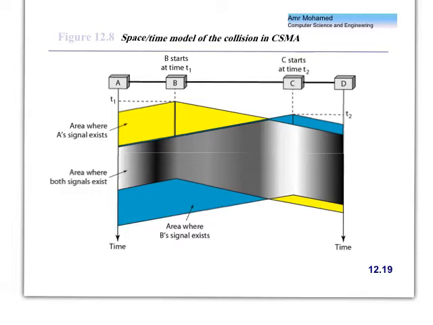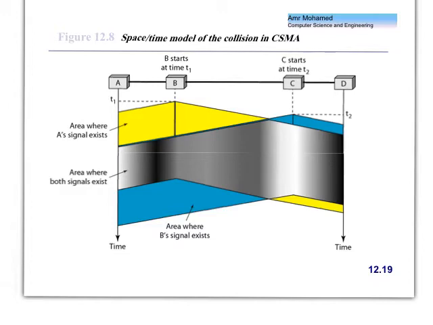So the concept of carrier sensing: before any node tries to send over the shared medium, first it should listen to see if there is any energy over the line. If there is, then it should abstain from sending. This way, I can in fact reduce the collision a lot.